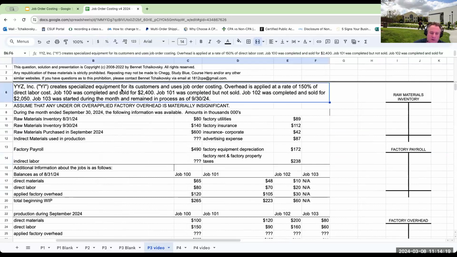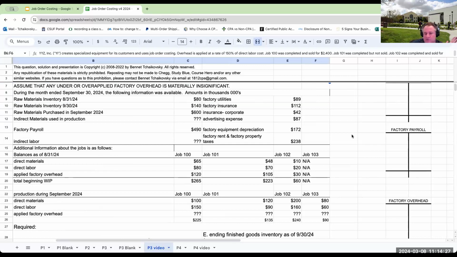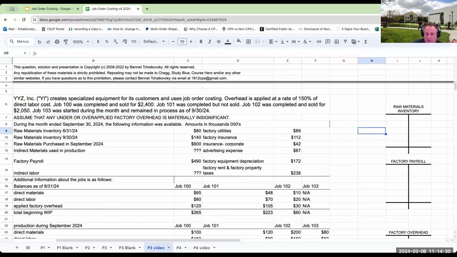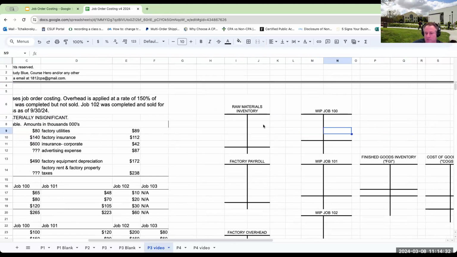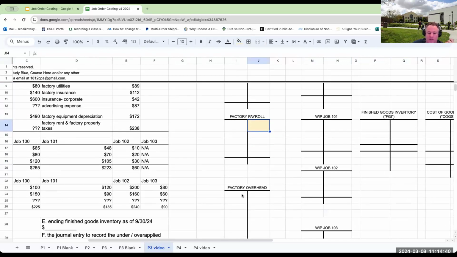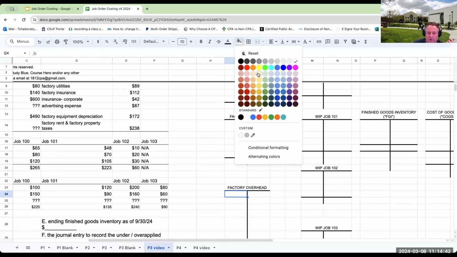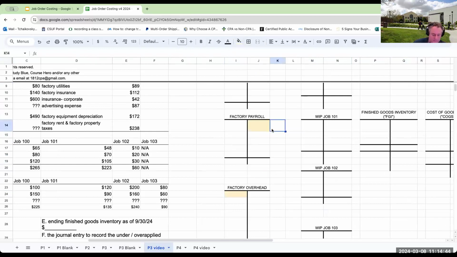Now, over here tells us a couple different things. This is different than what we were doing before. The real big difference between this and the prior problem in the previous chapter is that we're still going to have indirect labor.